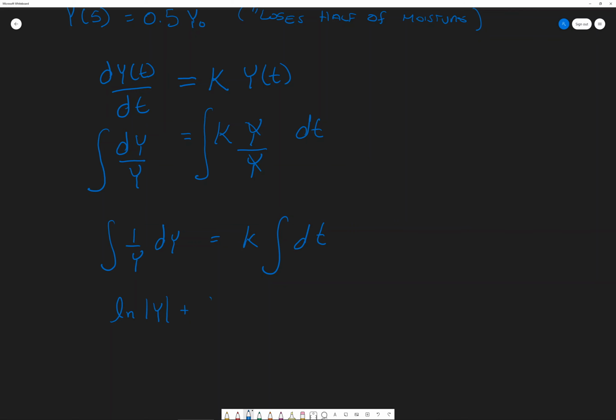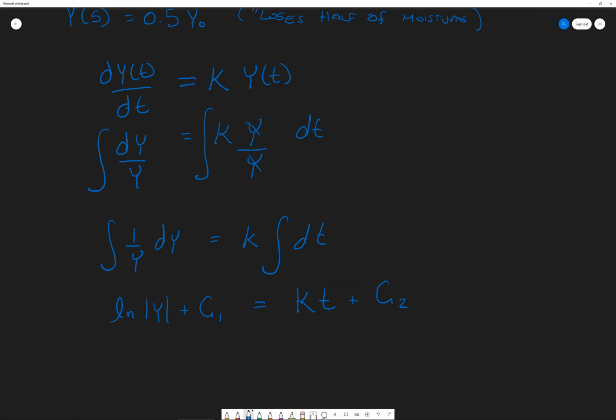Now, I could go plus c1, because this integration is going to give me some constant. And what's the integral of dt? It's just k times t plus some other constant of integration.